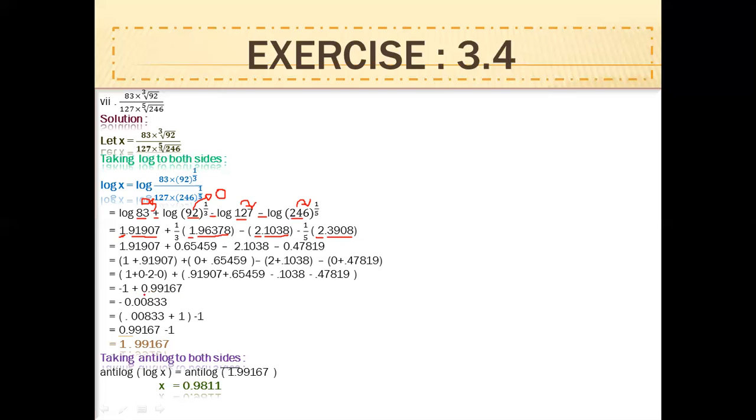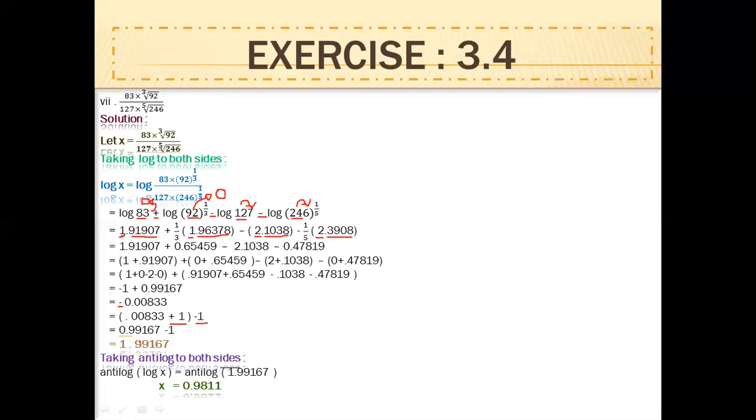After simplifying with minus 1, you get minus 0.00833. Because there is 0, it means that the greater number than 0 is 1. So that's why we add plus 1 and we subtract 1.